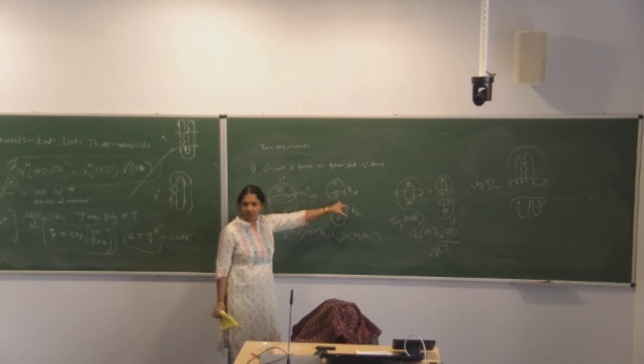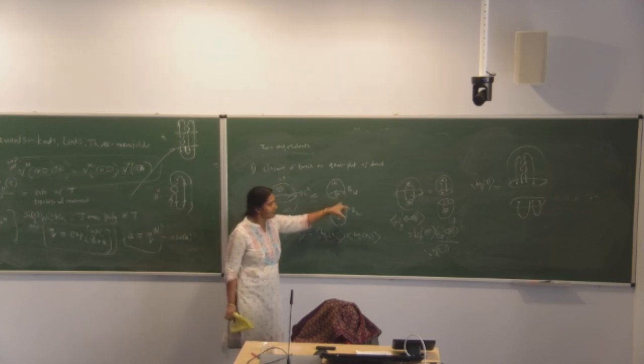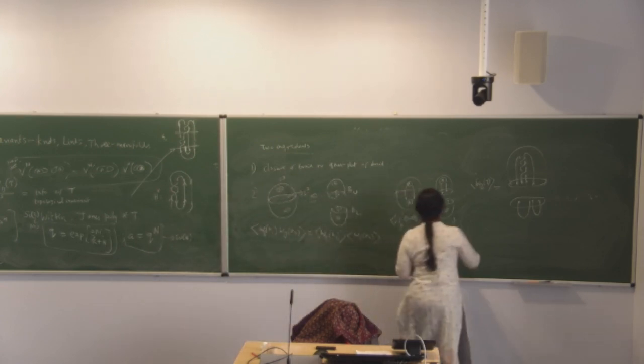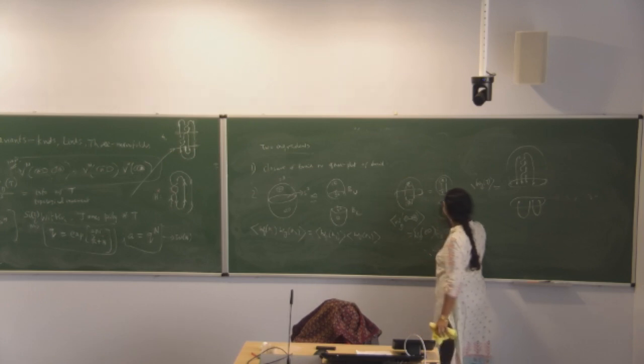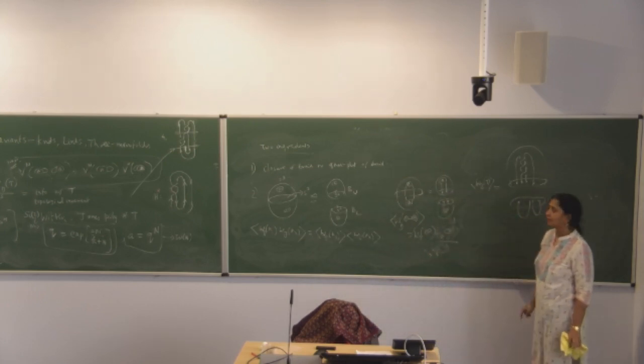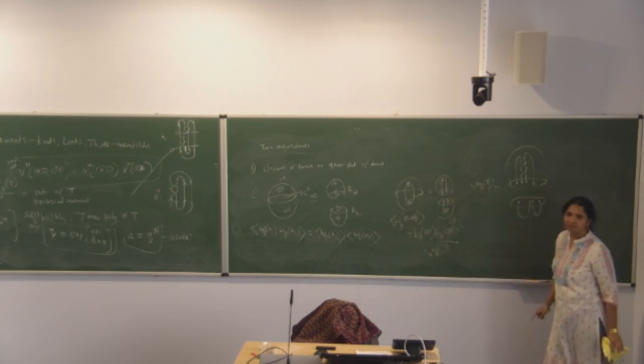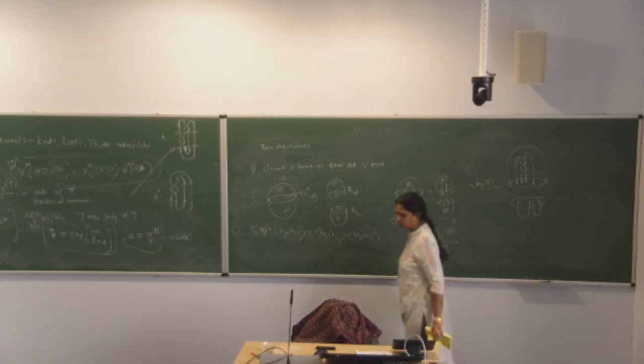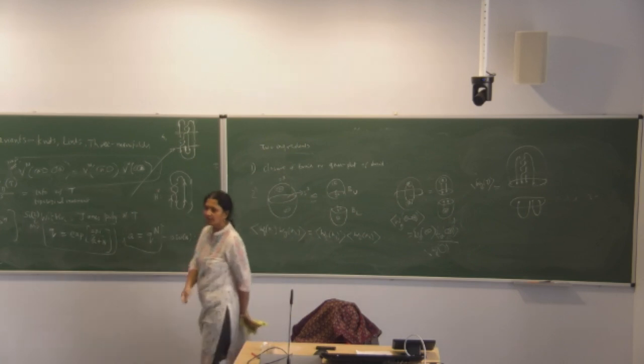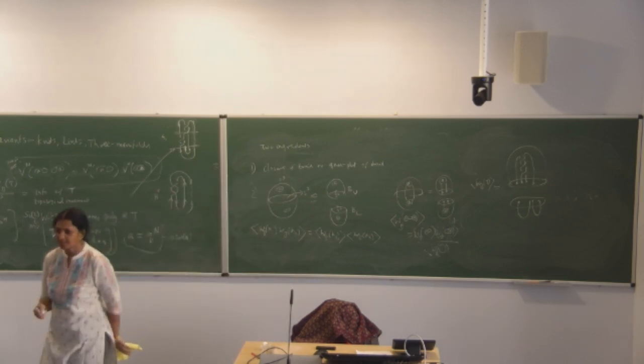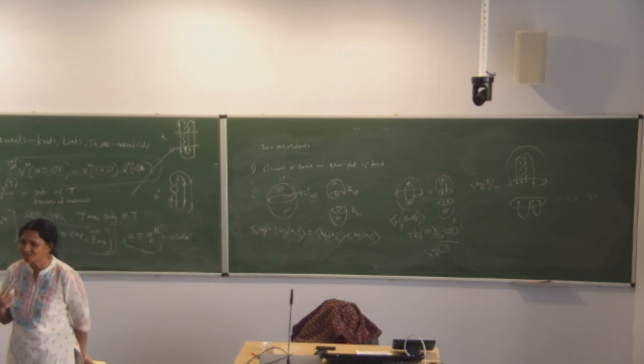This doesn't have any puncture. This has 2 punctures. This has 4 punctures, and we can continue. You can keep drawing, but it will always be how many punctures? It will always be an even number.